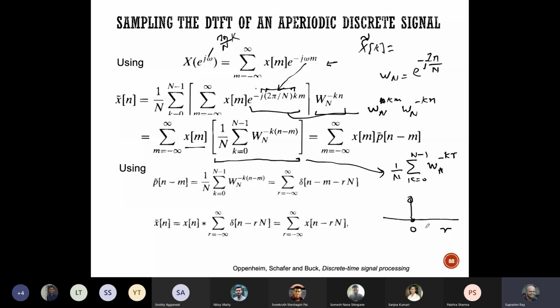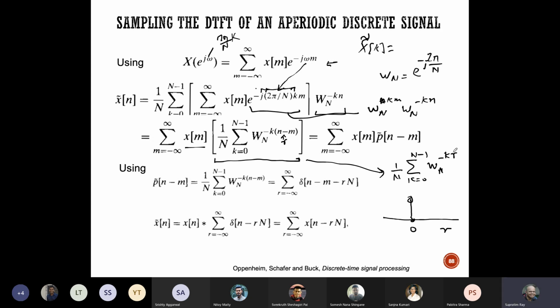Each of these terms is 1, so it's a summation of N ones, which is N. So N by N is 1. Here I'm just denoting r as n minus m. It's going to be 1.